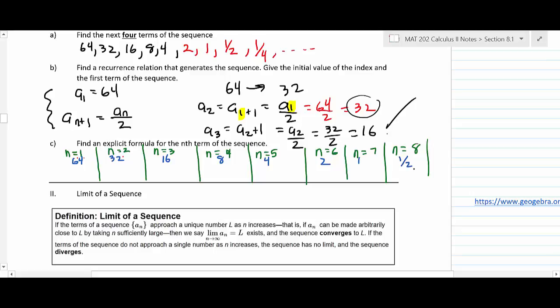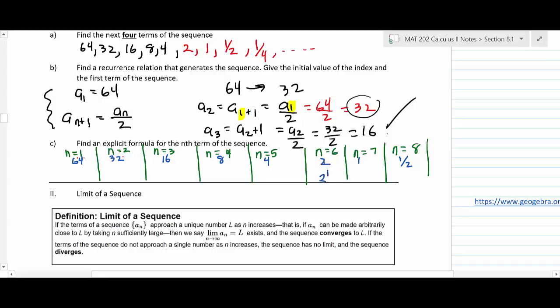Now your goal on this problem is to make one formula for all those numbers. The way I look at this is something's going on with these numbers in the numerator, and they can be thought of as powers. If you start here, that would be 2 to the first.